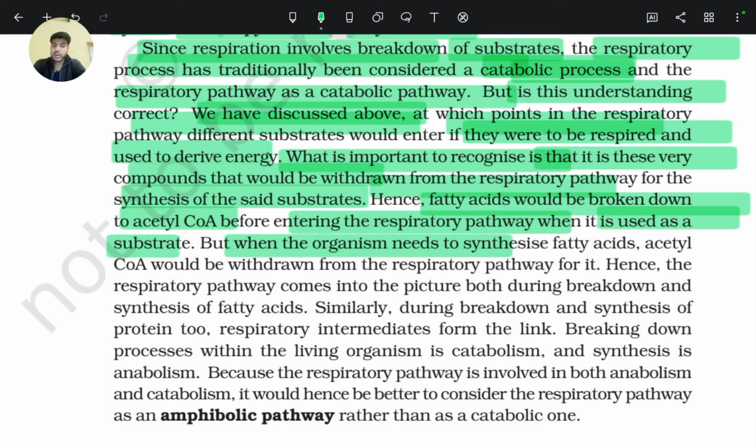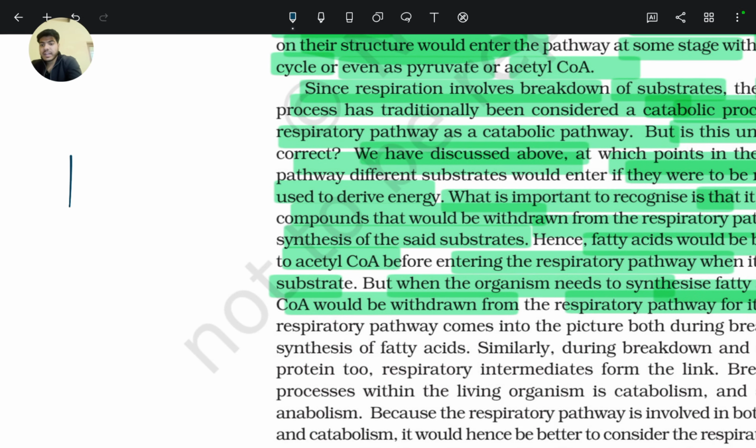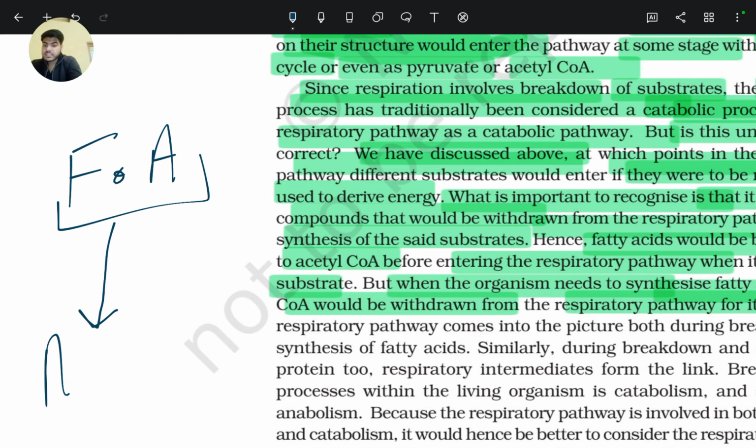But when the organism needs to synthesize fatty acid, acetyl coenzyme A would be withdrawn from the respiratory pathway for it, meaning that fatty acid is broken down to form acetyl coenzyme A.